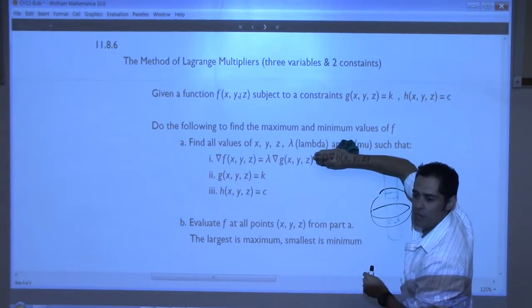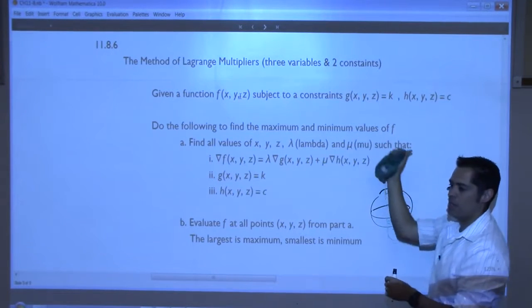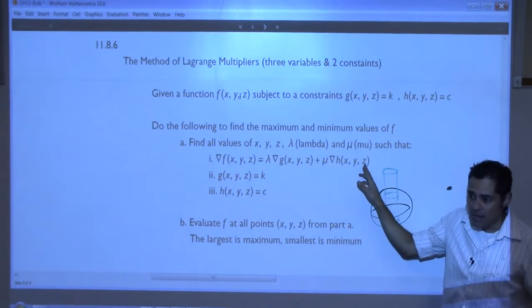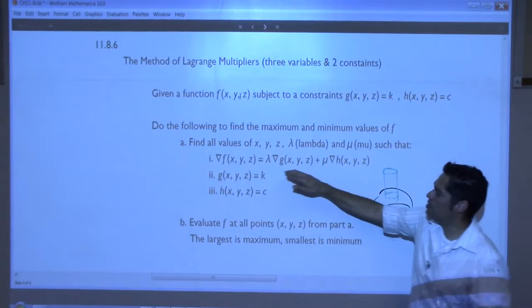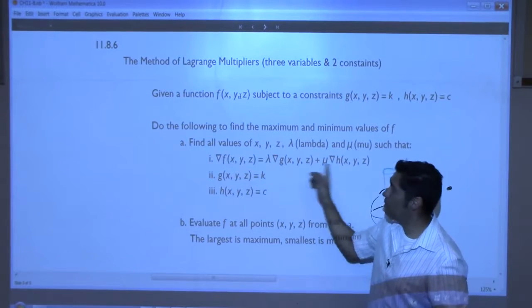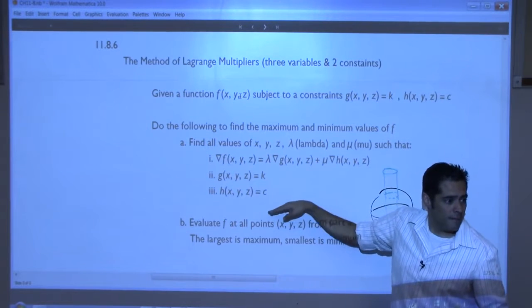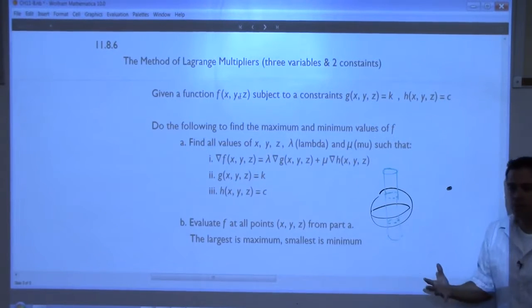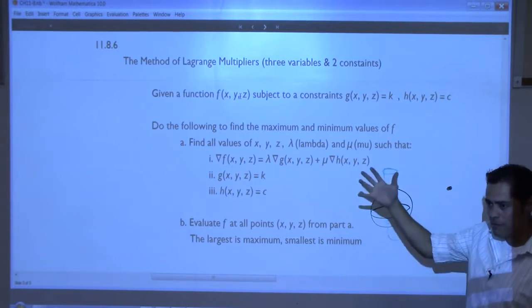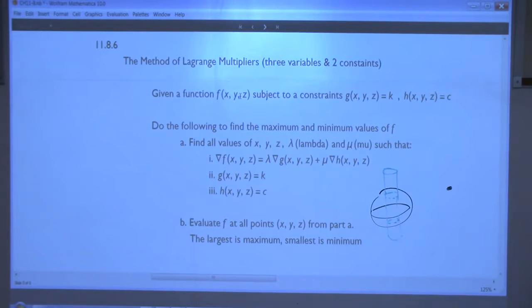Lambda times gradient of g, but then you say plus another constant, mu, times the gradient of h. How many equations will you get from these right here? You get 3 from this, and then 4, and then 5. You'll have 5 equations. You're solving for x, y, z, lambda, and mu. 5 equations, 5 variables. Would you like to see one of these?